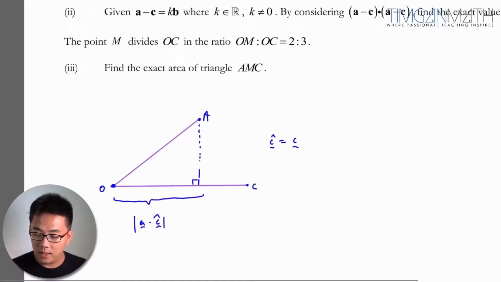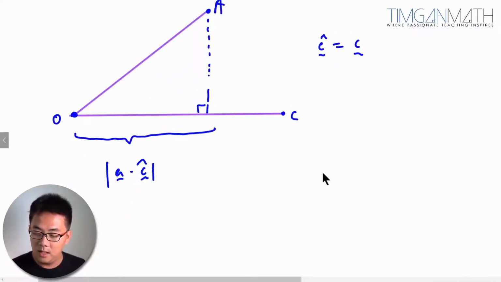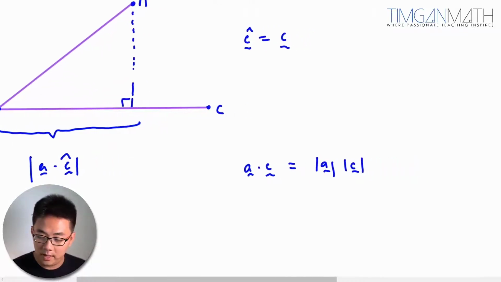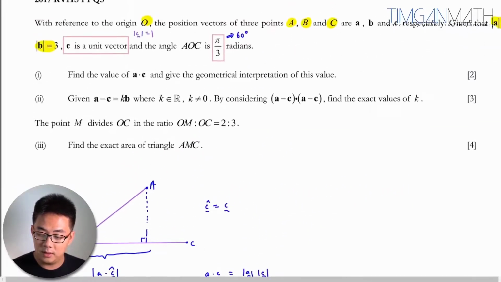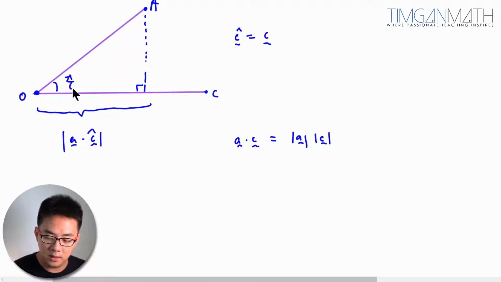So in other words, to find the value of A dot C, it equals mod A mod C cosine of the angle between A and C. The angle AOC is 60 degrees, so this is pi over 3.